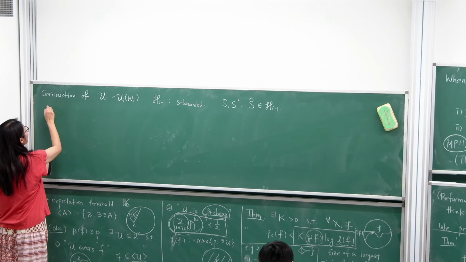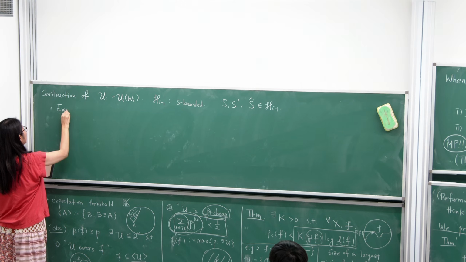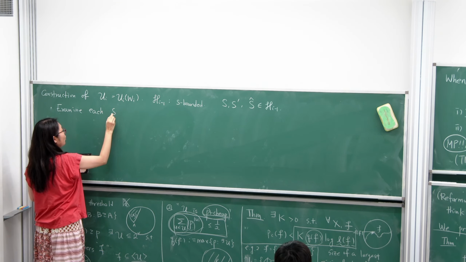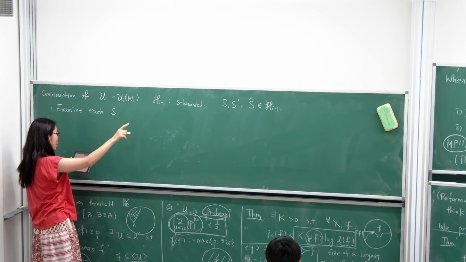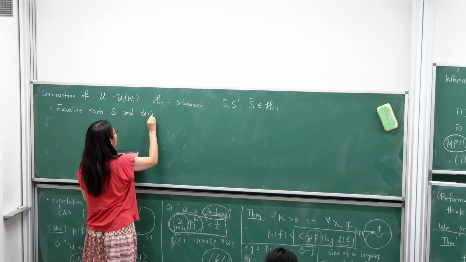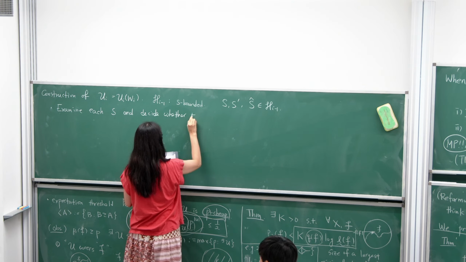And so we want to construct a partial cover, and what we do is we examine each S, where S is always a member in our current host graph, and then we decide whether to cover it or not.